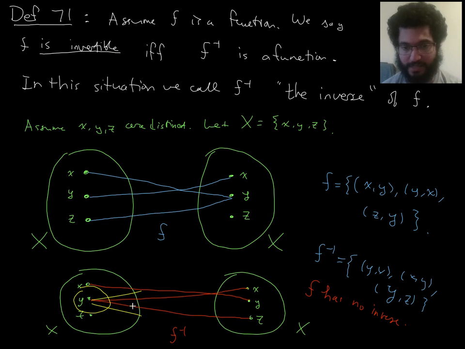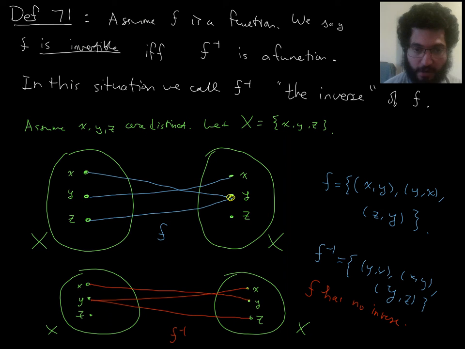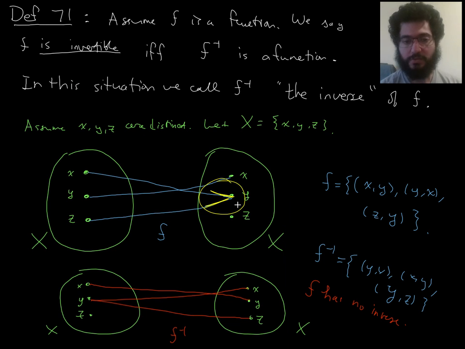One input is trying to get associated to two different outputs. That corresponds to this output having two inputs associated to it, x and z. So what do we call this situation? This is a picture of f not being injective, not being a one-to-one function. So this is non-injectivity. What we're seeing here is that what causes f reverse to not be a function is f not being injective.